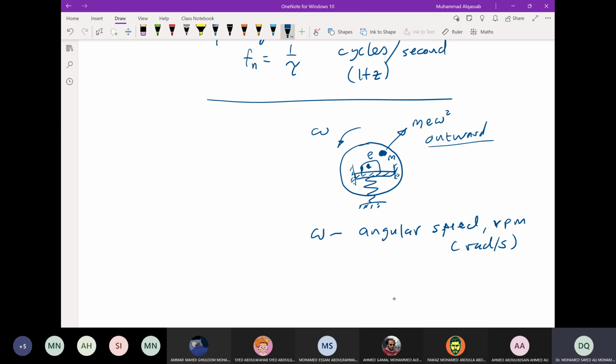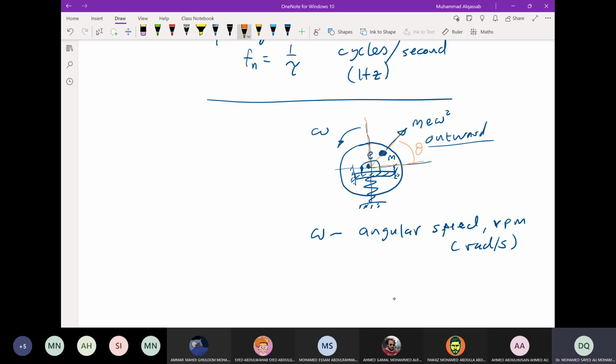Due to the rotation, the eccentric mass causing the imbalance will move 360 degrees. When it reaches the horizontal position, there is no force in the vertical direction. And at 90 degrees, it gives maximum force, because you can resolve this force into horizontal and vertical components, depending on the angle theta.